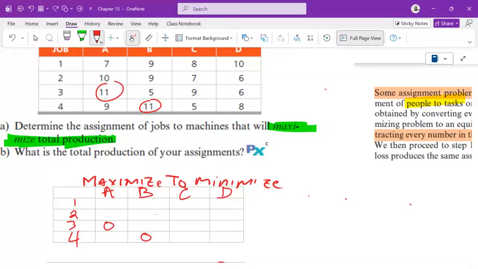7 minus 11 is 4. And then 9 minus 11 is 3, right? No, it's 2. Yes, thank you. Then this one becomes 3. Then this one becomes 1. Then 1, then 2, 4, 7, 4, 6, 5, 5, right?